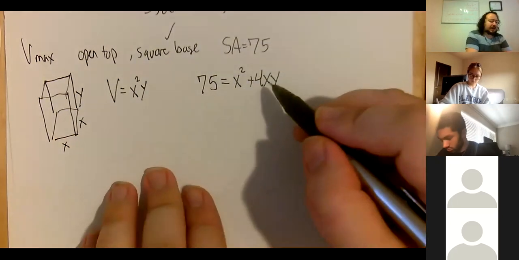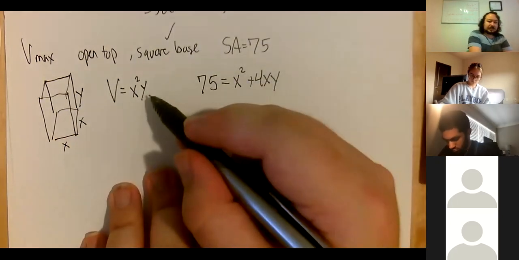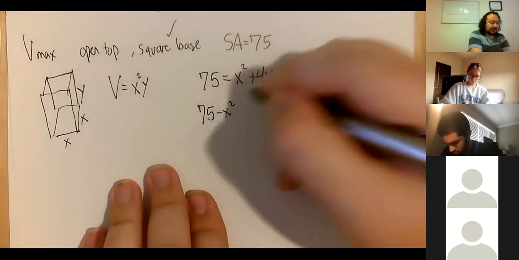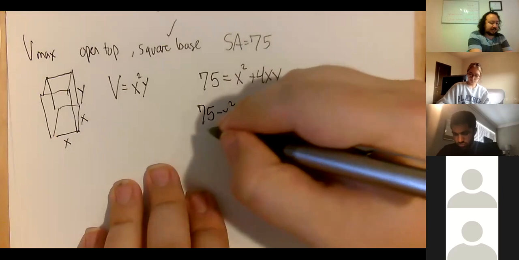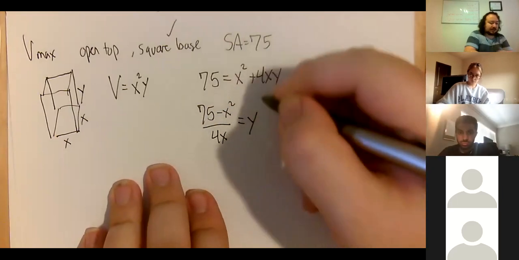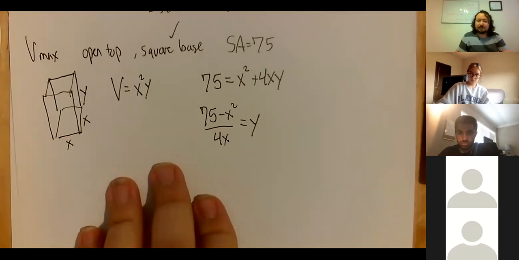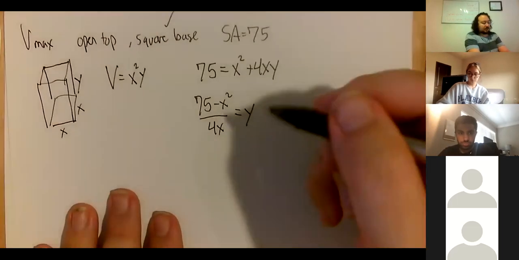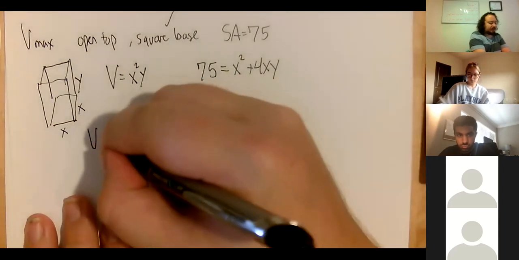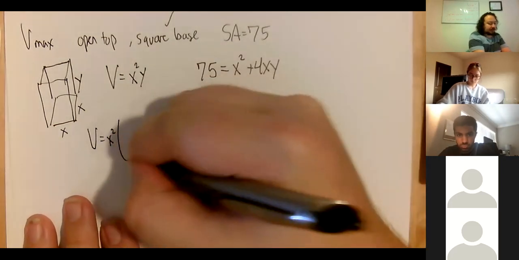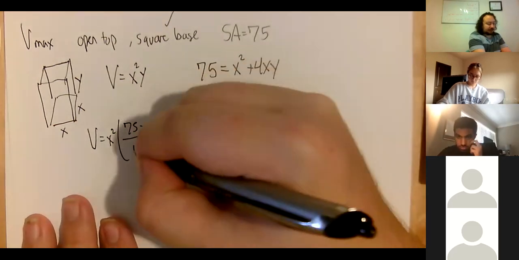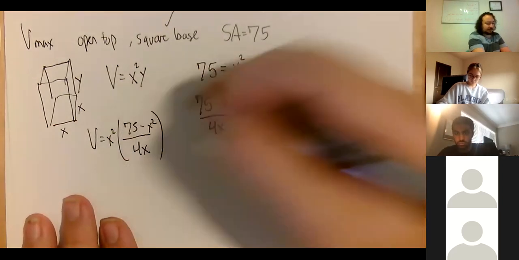All right, now we're going to solve for y so we can substitute it in. So we have (75 minus x squared) divided by 4x when we do the algebra, and that's going to give us y. Okay, so I'm going to substitute y in so we only have one variable. So I have x squared times (75 minus x squared) over 4x.